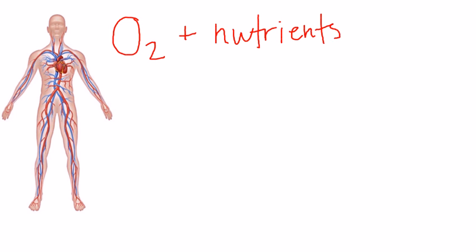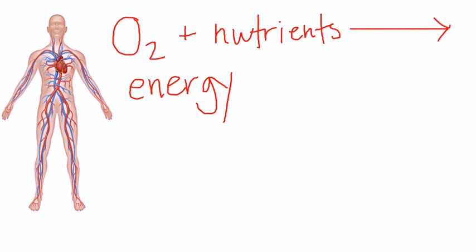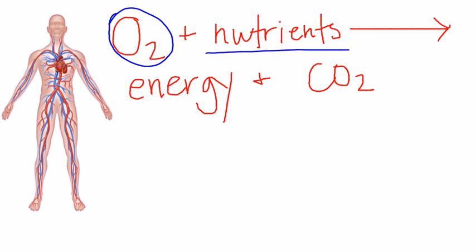In cellular respiration, those two things combine to form energy, which we use for movement and all the other great things that we need energy for, and carbon dioxide. So we take oxygen and we take nutrients, and we combine them together in the mitochondria of each and every cell of your body to form energy and carbon dioxide.